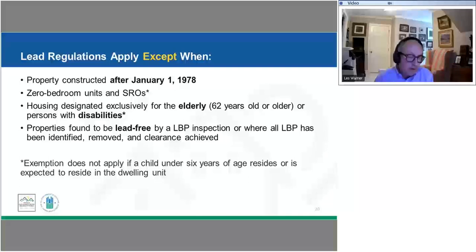So it is the owner's responsibility, but there are some oversight responsibilities for, in this case, a PHA, but it could be a HOME grantee, or any number of our TBRA program operators.